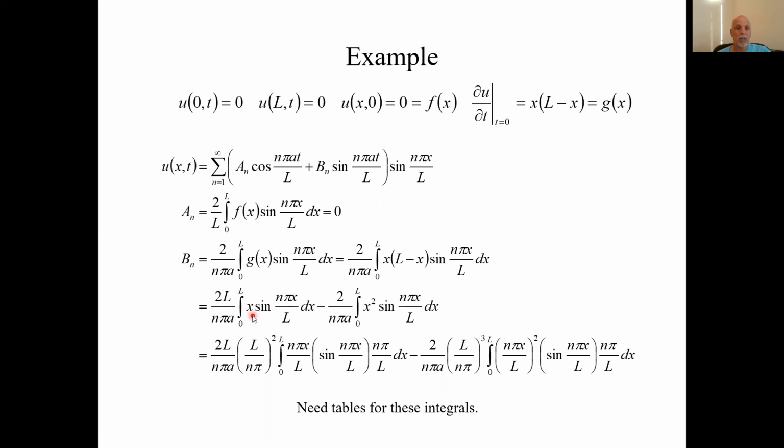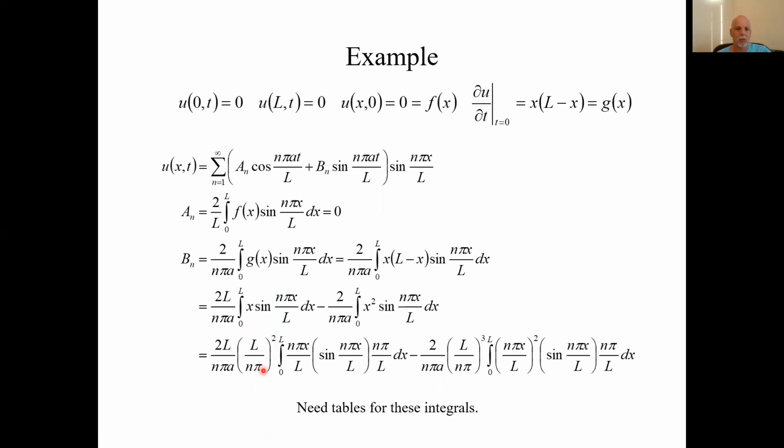So I need to multiply this x by, let's see, n pi over L. And this dx by n pi over L. Where I have a u there and a du back here. Everything's in terms of a u. And since I multiplied by that twice, I have to multiply by its inverse twice.